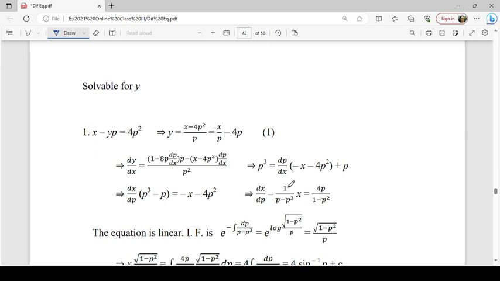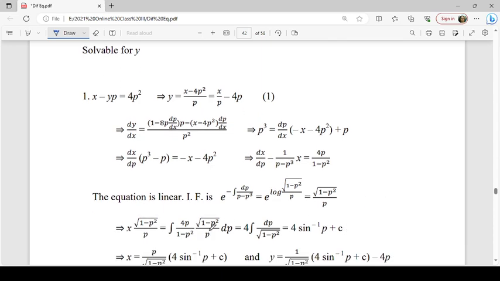So we solve it as a linear equation. We take p as the independent variable, or sometimes we can write dependent variables also. So this is dx dp, and we have this as a linear equation. So p is the independent variable, x depends on p. Like a linear equation, we are solving it. So we have this in terms of x.